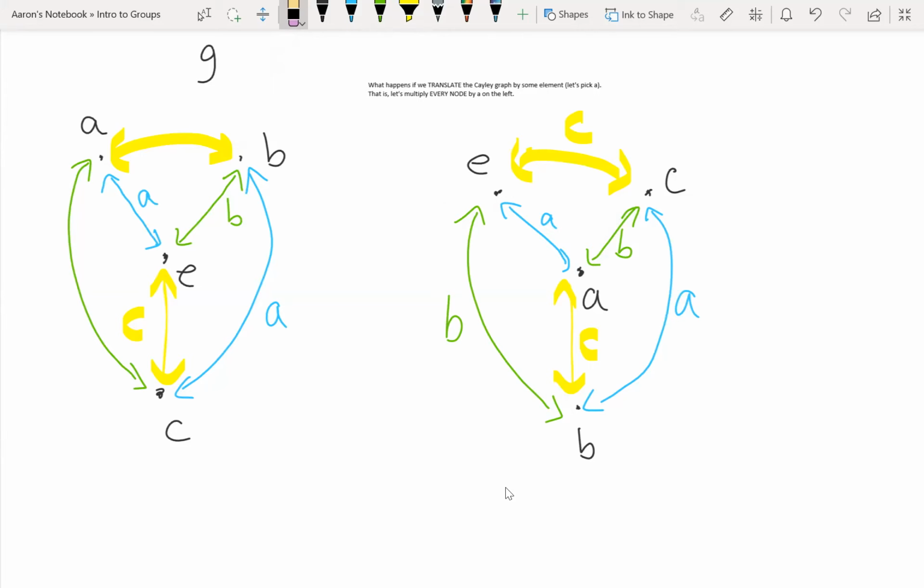So in fact, if we create the Cayley graph of G and stipulate that the structure we want to maintain is the directions and colors of all the edges, it turns out that the group elements are symmetries of this graph.